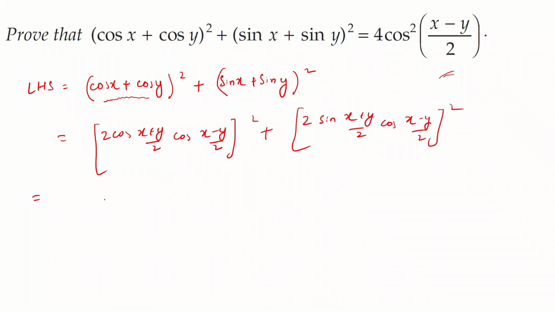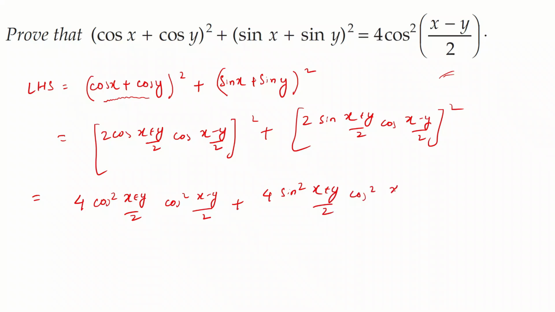Alright, so now you square. These are the product of three terms, so square will get on each of these terms. That is 2 square 4 cos square x plus y by 2 cos square x minus y by 2 plus 4 sin square x plus y by 2 and cos square x minus y by 2.